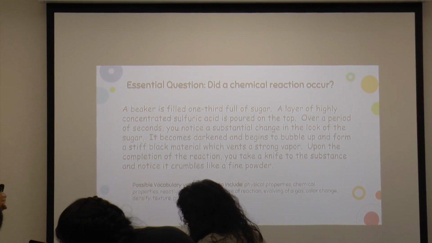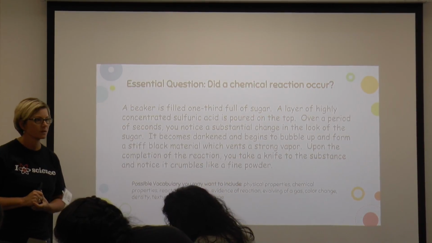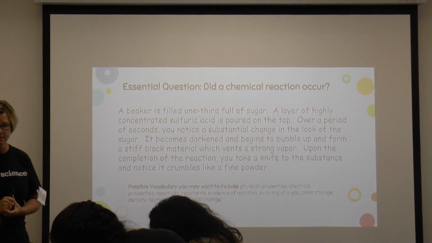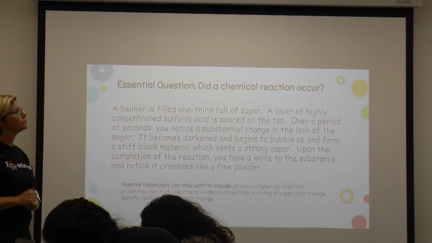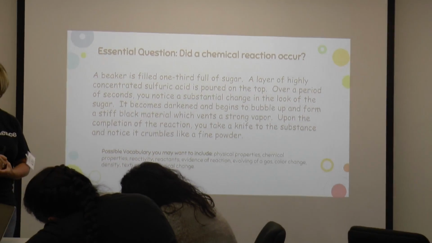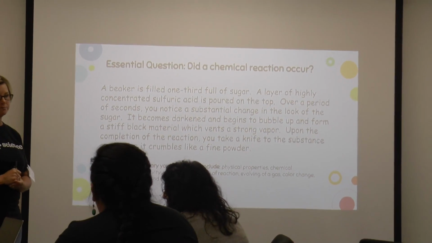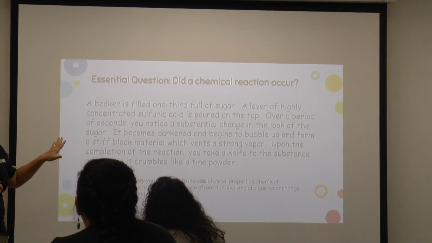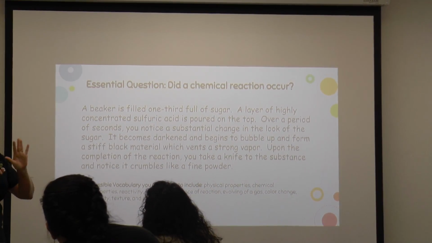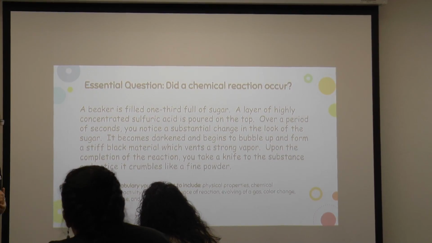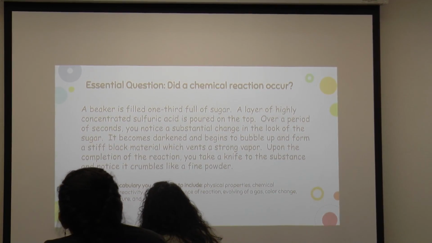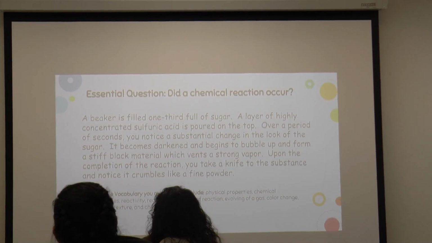Did a chemical reaction occur? The essential question is, did a chemical reaction occur? You will have links to these blank, so you'll be able to get them if you like. Okay, so here's the phenomenon. A beaker is filled 1/3 full of sugar.